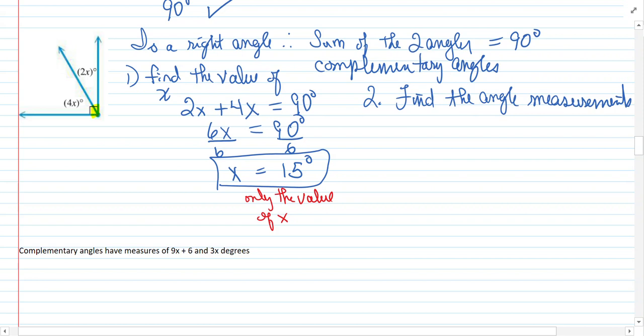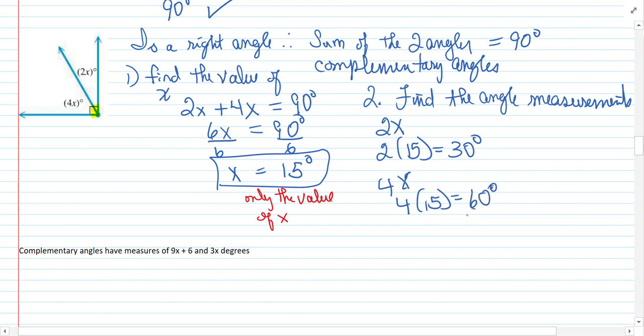So that means that I have the 2x, and I know x is 15. 2 times 15 gives me 30 degrees. And then I have 4x. And that means 4 times the 15, and that equals 60 degrees. If I add them up, I get 90 degrees.